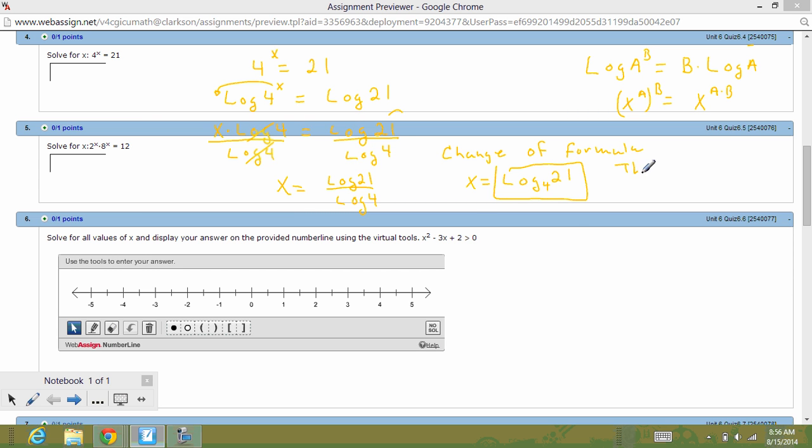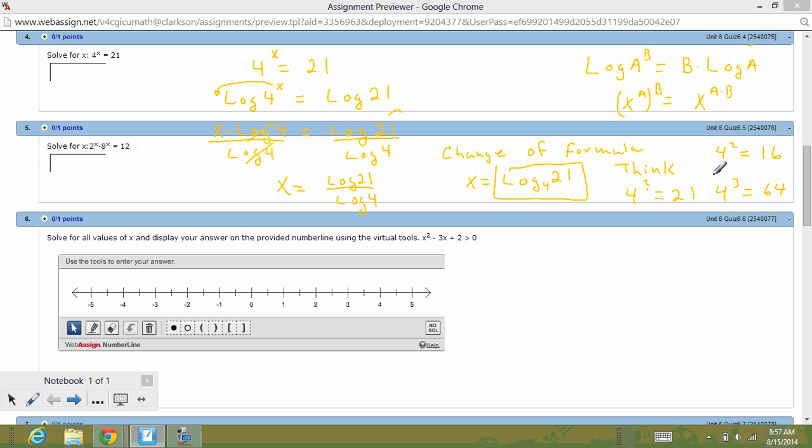What you're thinking right here is you're thinking 4 to what power is 21, and that's what your x represents, right? So I know that 4 squared is 16, and I know that 4 cubed is 64. So this number, log base 4 of 21, or log 21 divided by log 4, this number has to be somewhere between 2 and 3, and much closer to 2.